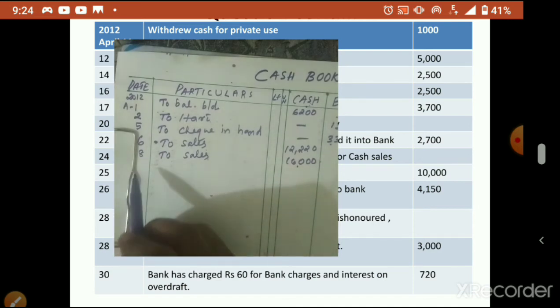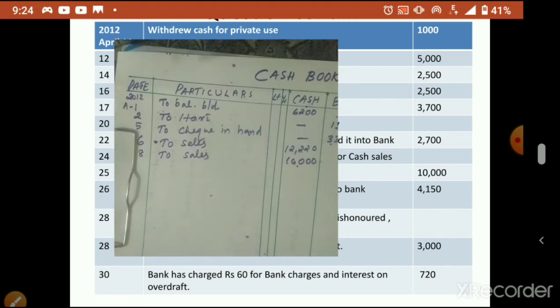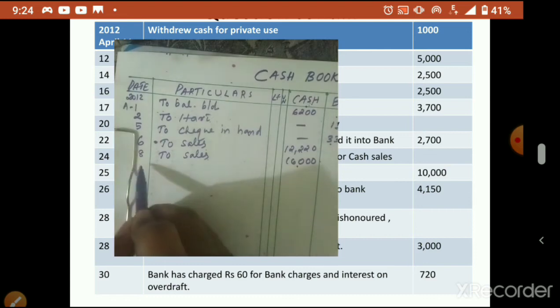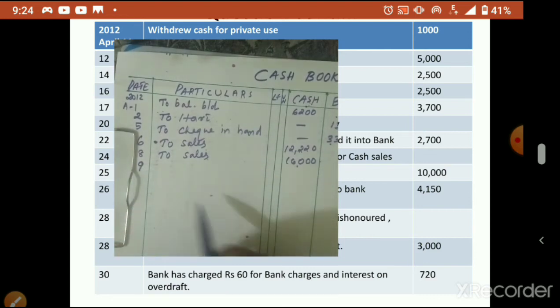So what do we write on 9th? What you have to write? This will now be a contra entry. I think you remember, contra entry means when we deposit cash into the bank or when we withdraw money from the bank. In these two situations you have to write a contra entry.